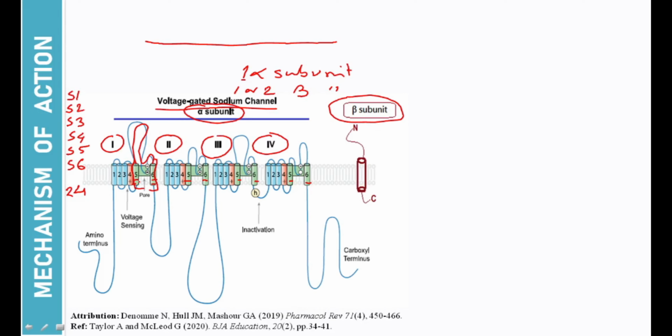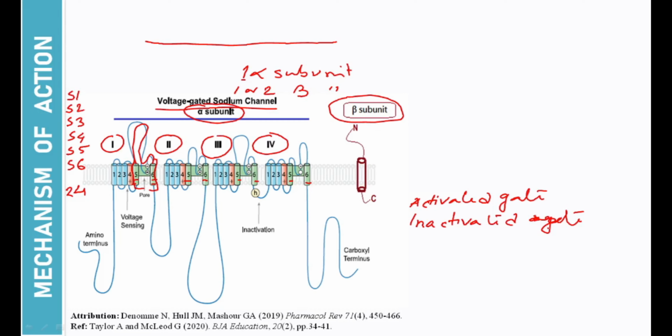Now this voltage gated sodium channel is composed of two gates. One is the activated gate and the other is the inactivated gate. The activated gate means these segments come together and form the gate which allows sodium to come inside.